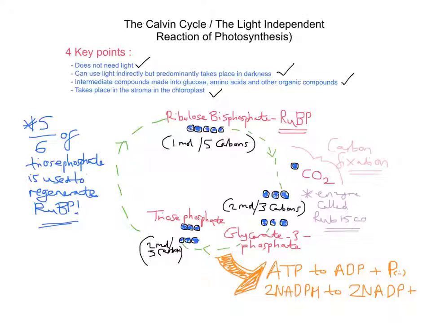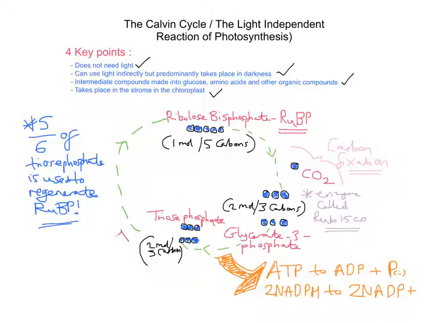So you might be thinking, it seems a bit counterproductive. We've gone through this whole cycle and 5/6 of it we're just simply using to regenerate what we started with. But it's the 1/6 that's the essential component. So 1/6 of it is used to make glucose phosphate. Now that's just one molecule of that, but with 6 carbons in.